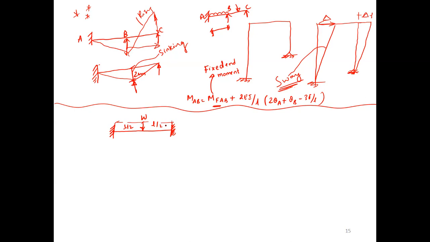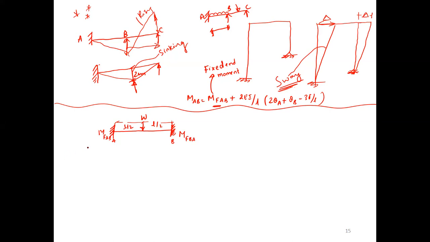Now what is the fixed end moment? Here MFAB will come. This is A, this is B, hence this is MFAB. This end is MFAB and this end is MFBA.